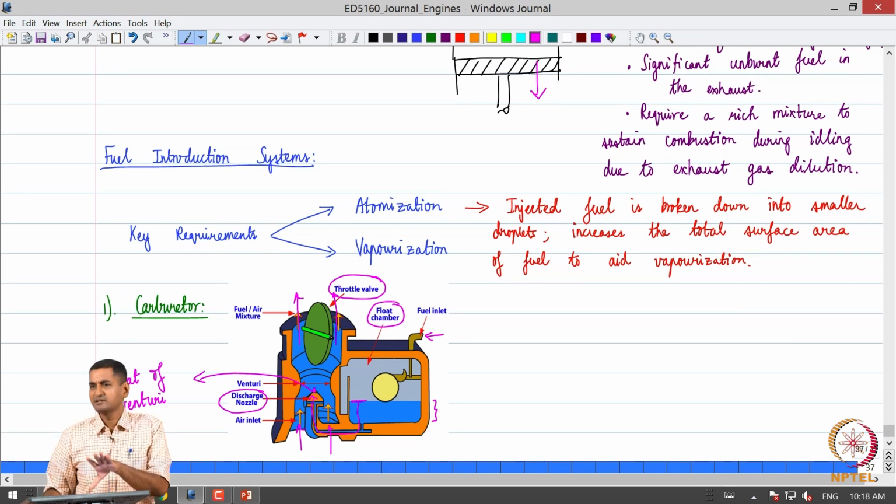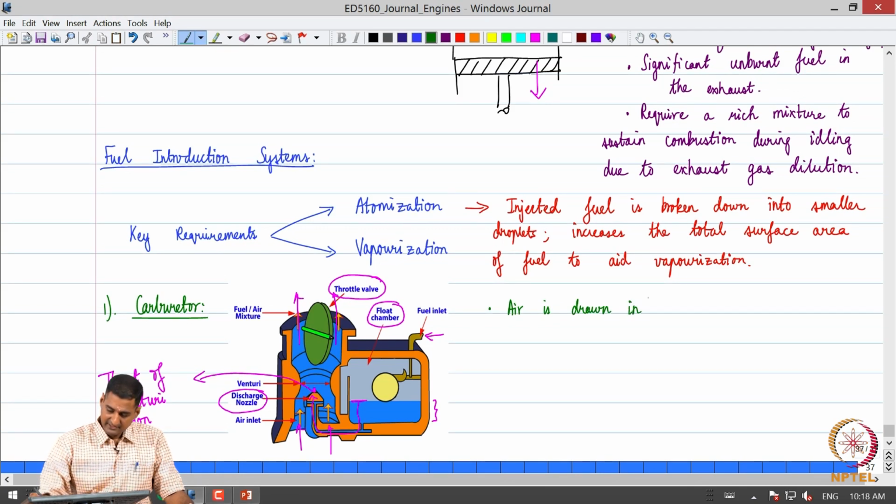We will shortly look at a detailed discussion on carburetor. We will discuss it in more detail and also analyze that. Okay, so these are the main attributes of a typical carburetor. The main points are that the air is drawn in through a venturi, resulting in a drop in pressure and increase in speed.